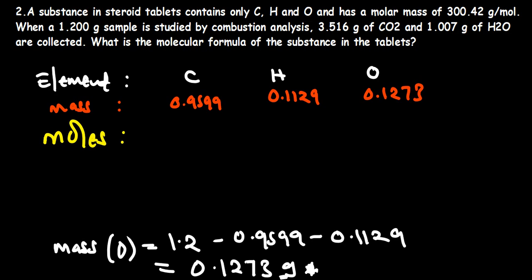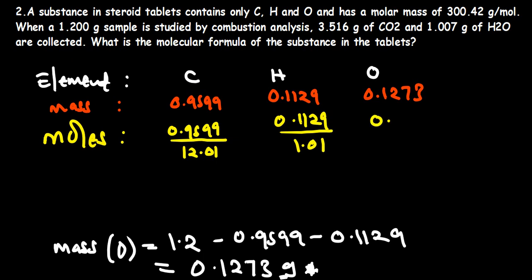So it will be 0.9599 divided by the molar mass of carbon, which is 12.01; 0.1129 divided by the molar mass of hydrogen, which is 1.01; and 0.1273 divided by the molar mass of oxygen, which is 16.